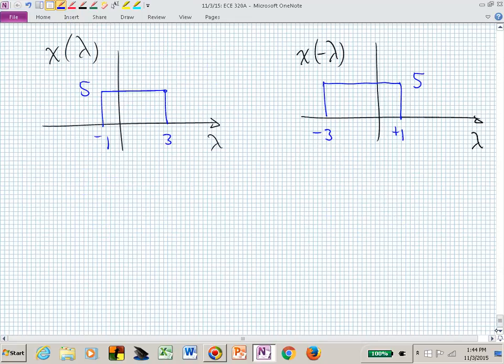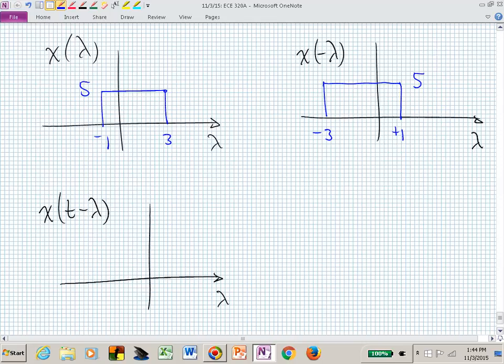Now what we want to do is we need to consider t as a variable. What's x of t minus lambda going to look like?